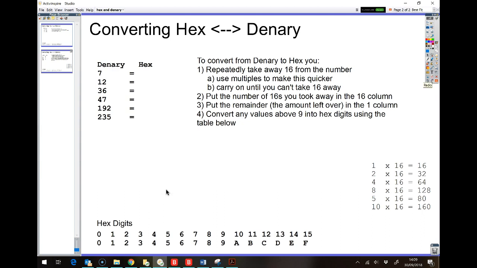So we're going to go to another one. 36. So we've got 36 and we're going to repeatedly take 16 away from it.